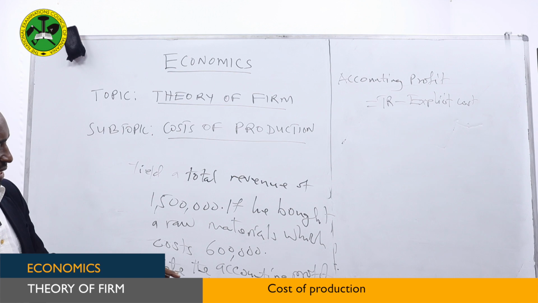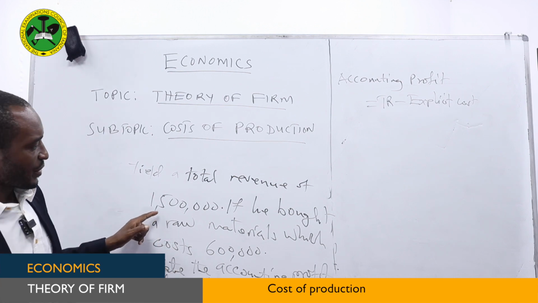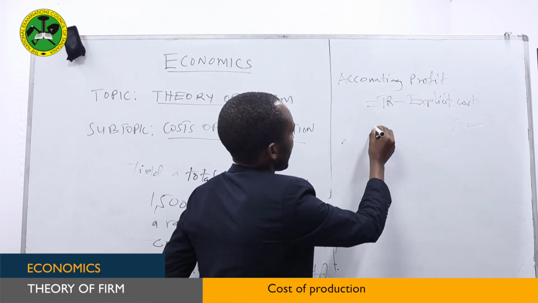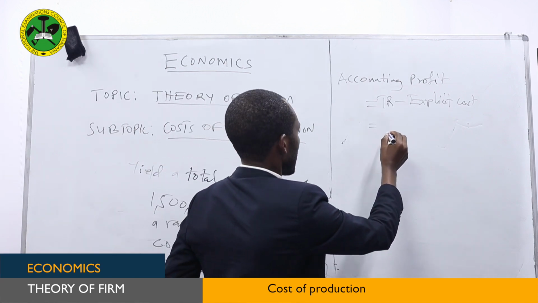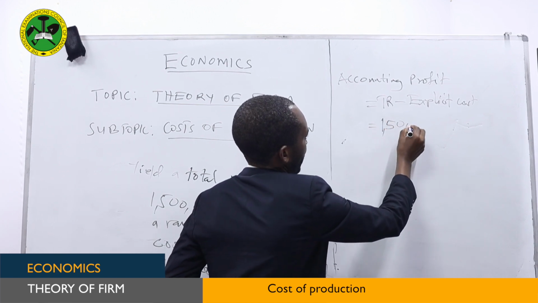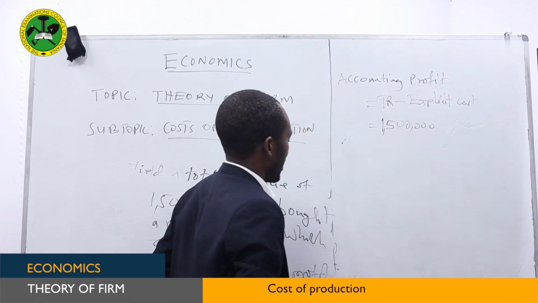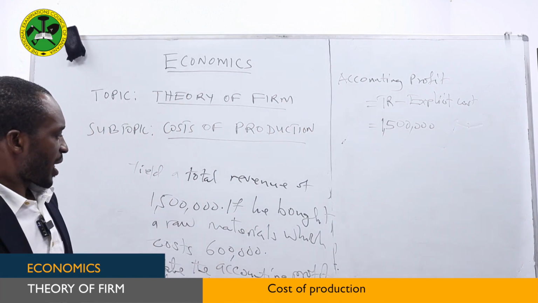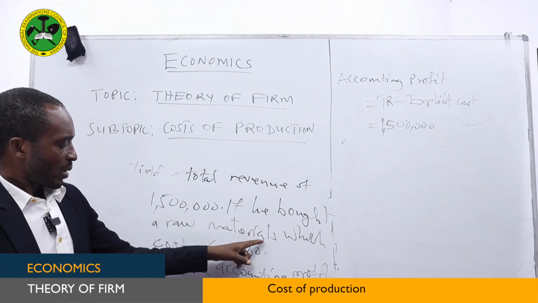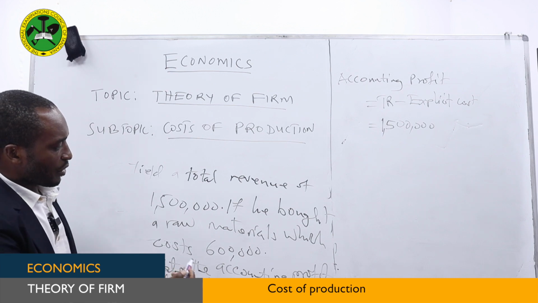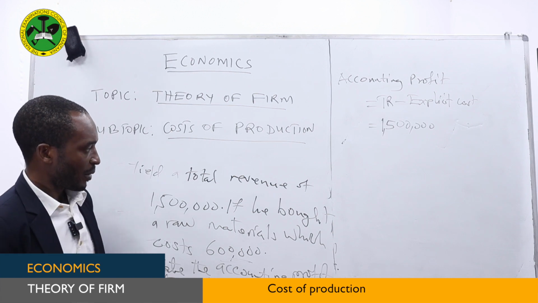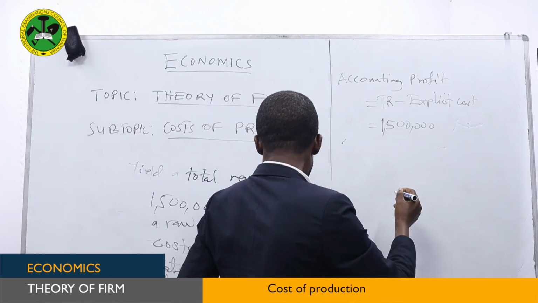So from our example, the total revenue is 1,500,000, and we are given the total explicit cost, the cost which is used to buy raw materials, which is 600,000.